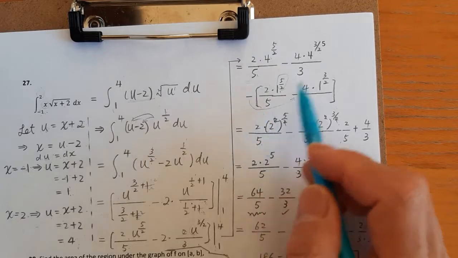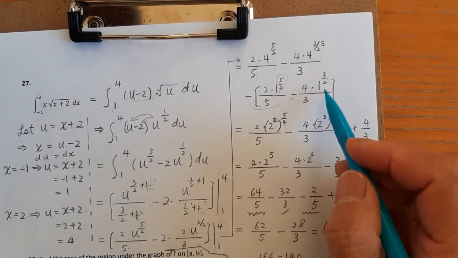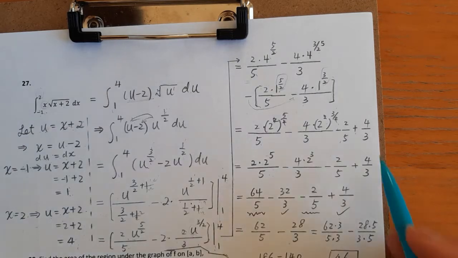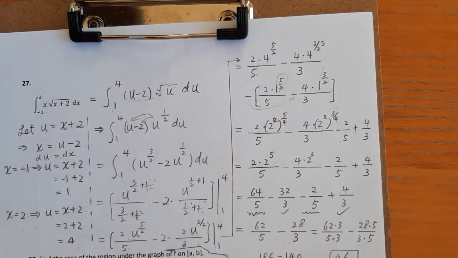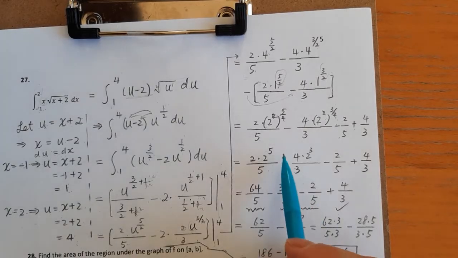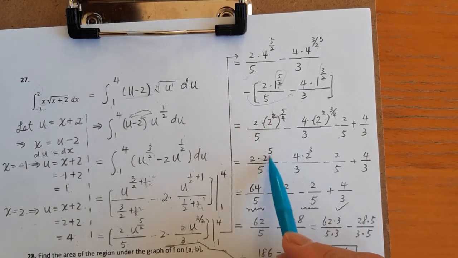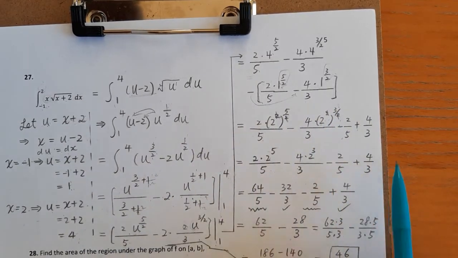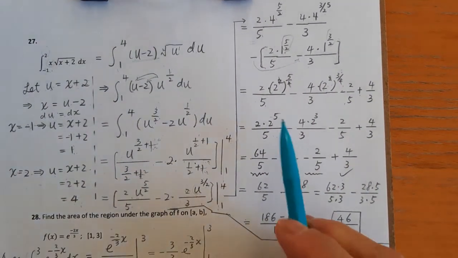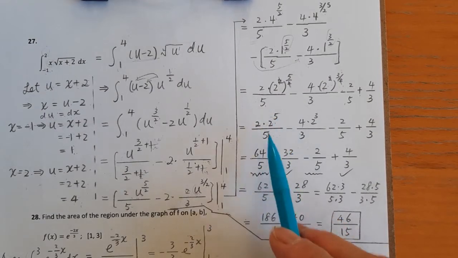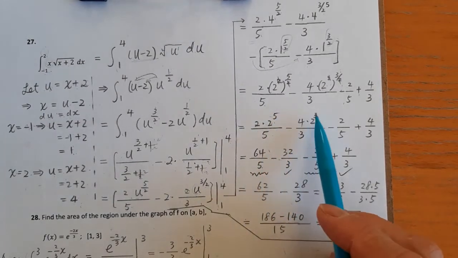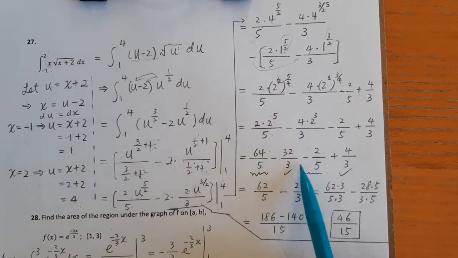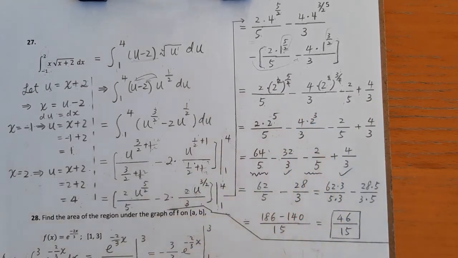Distribute it in, remove the bracket, the negative changes to plus, and add 4/3. Then 2 to the power 5 is 32, times 2 is 64 over 5, minus 2 cubed is 8, times 4 is 32 over 3, minus 2/5 plus 4/3.